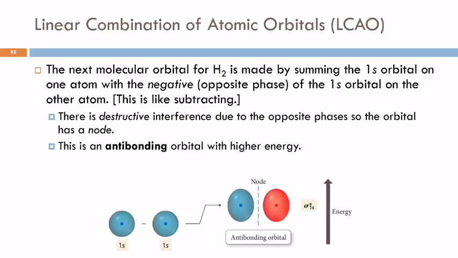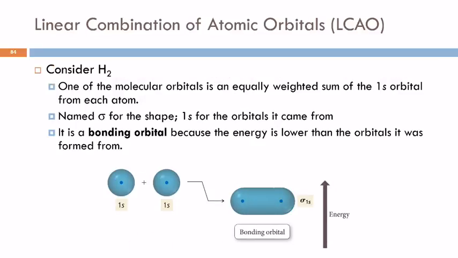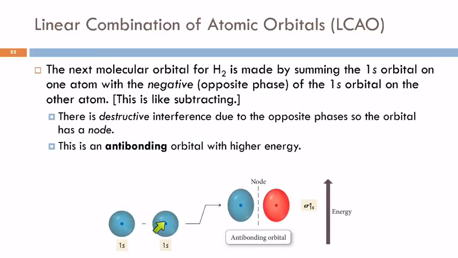If we're combining two orbitals, though, we need to end up with two orbitals. The other orbital is made by adding a 1s orbital to the negative or opposite phase of the 1s orbital from the other one. So it's like subtracting. So here we took these and we added them, and here we're subtracting.